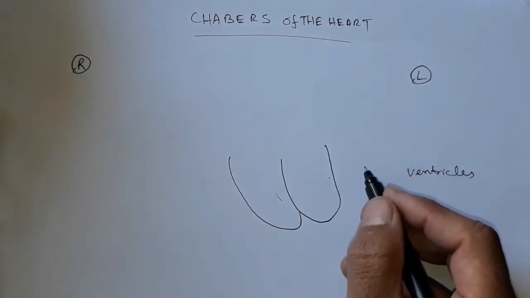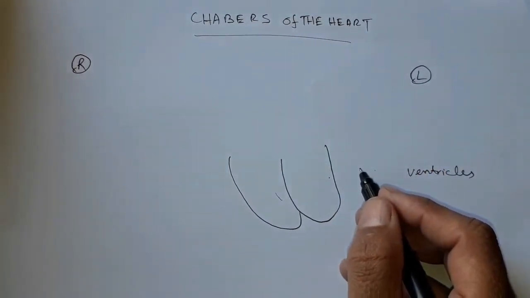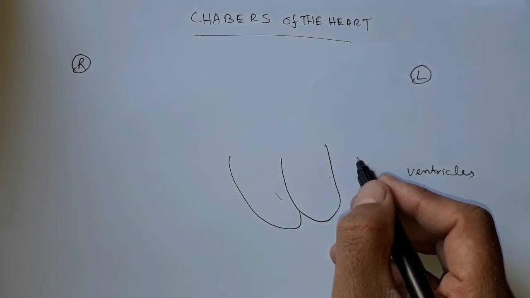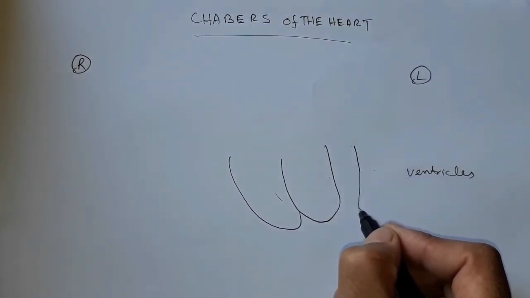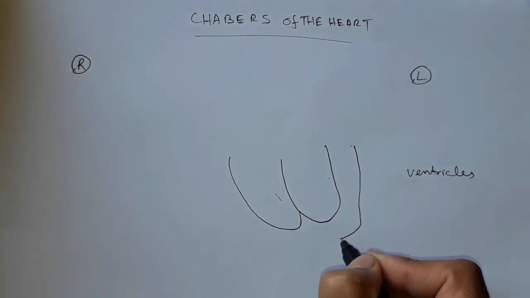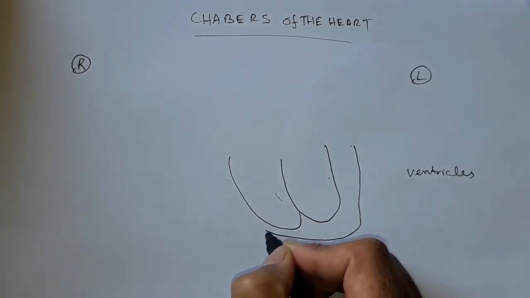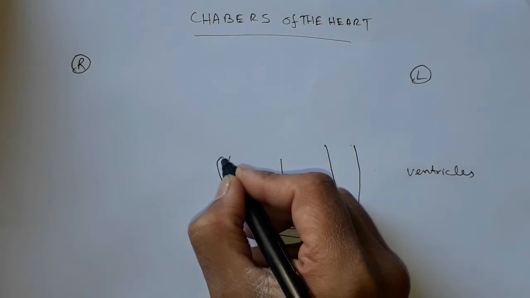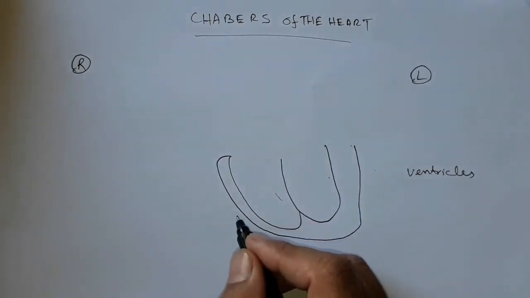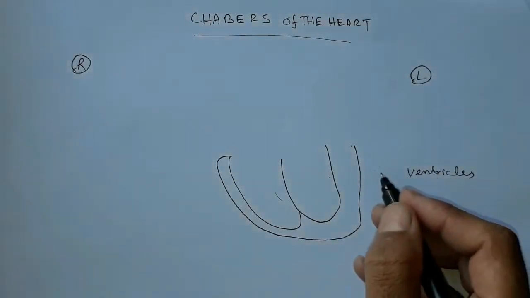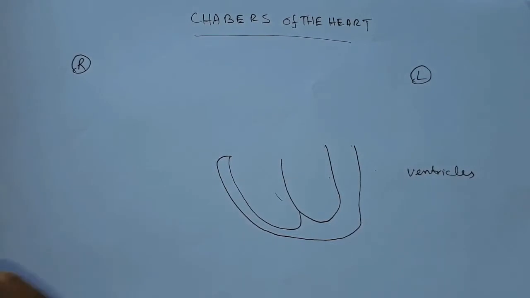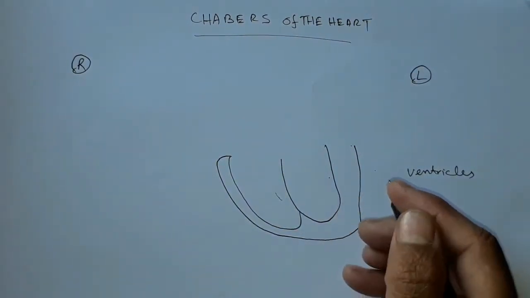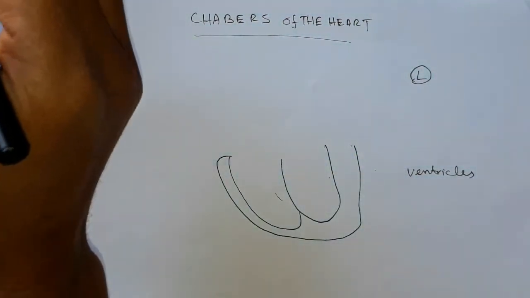The left chamber of the heart, the left ventricle, has a thick muscular wall, as you can see, as compared to the right ventricle of the heart, because the left ventricle has to pump blood throughout the whole circulation.